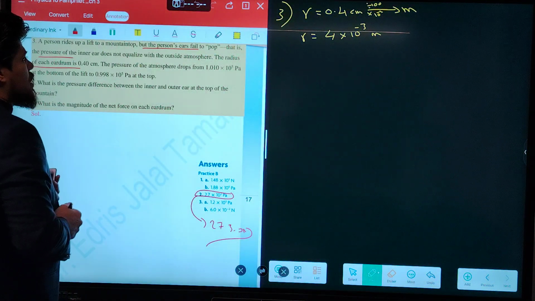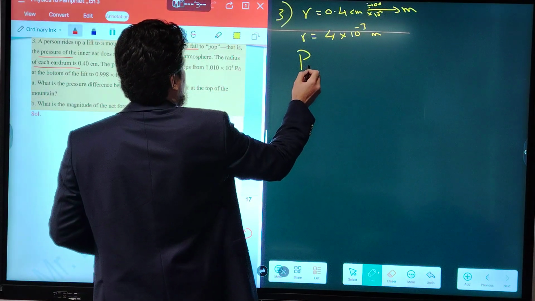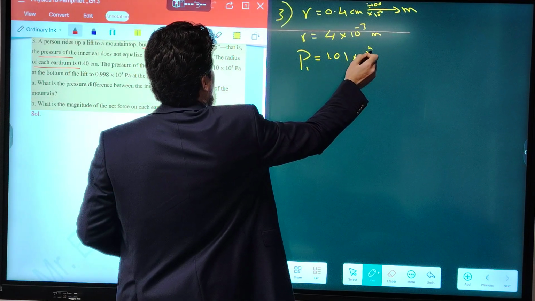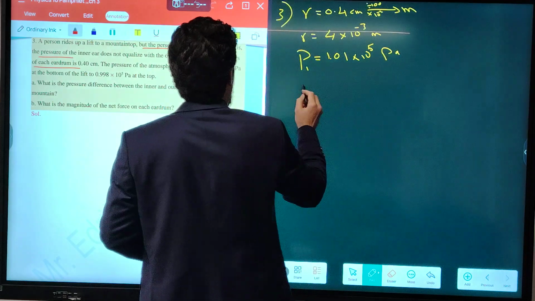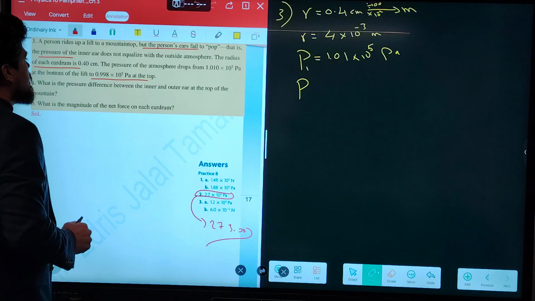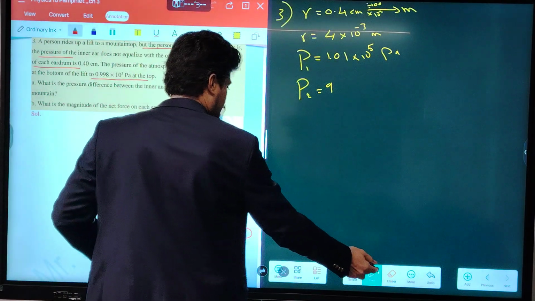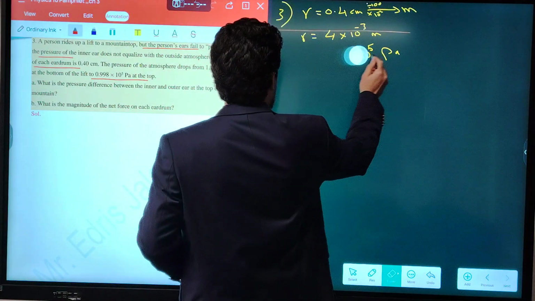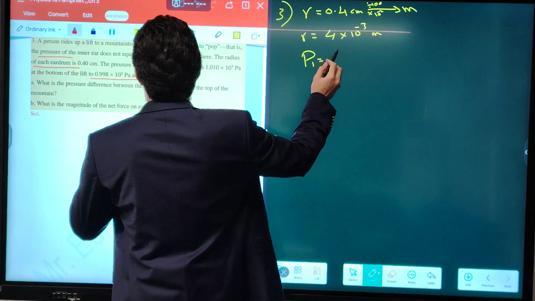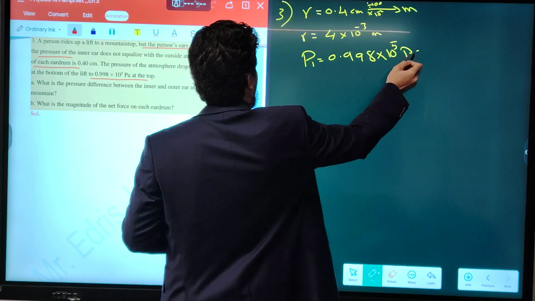The pressure of the atmosphere drops from what? P1 is equal to 1.01 times 10 power 5 Pascal at the bottom of the mountain, and drops at the top of the lift to 0.998 times 10 power 5 Pascal.